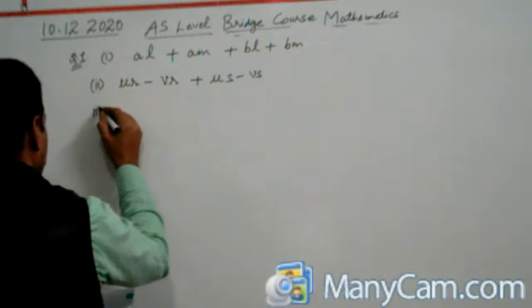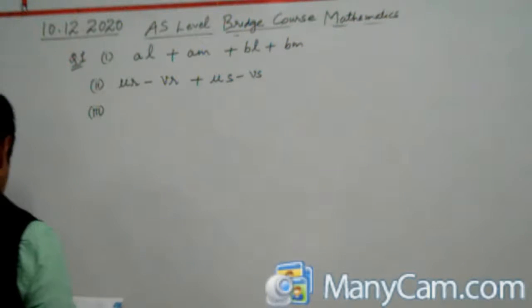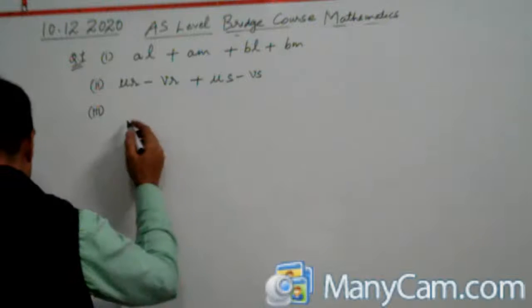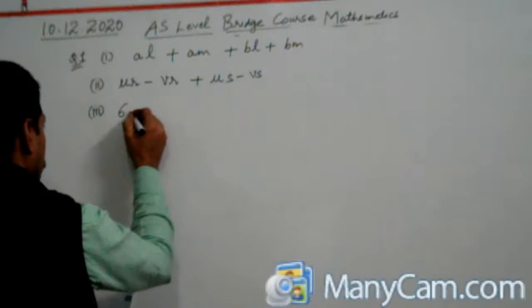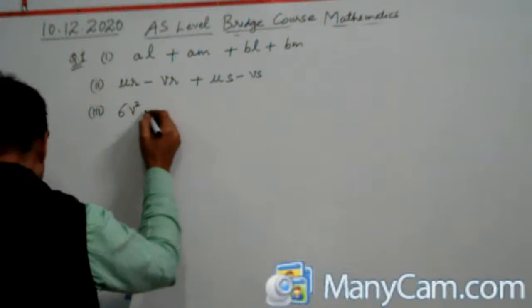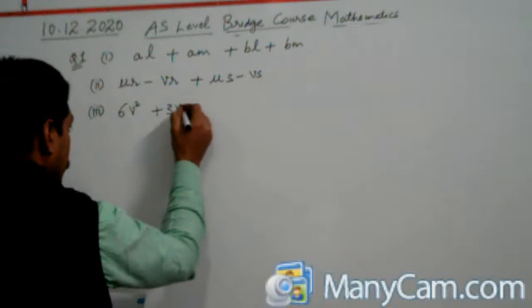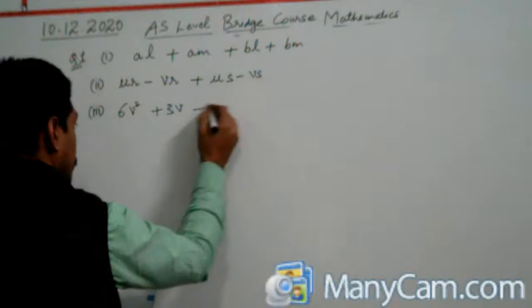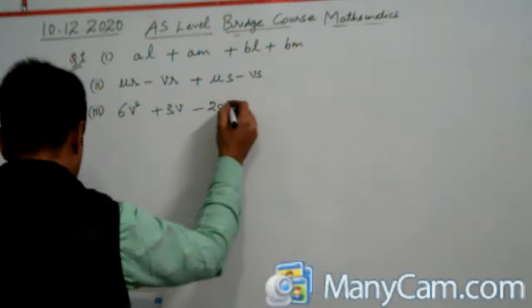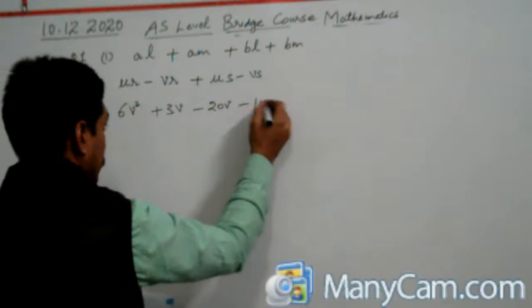Third, that is 6v square plus 3v minus 20v minus 10.